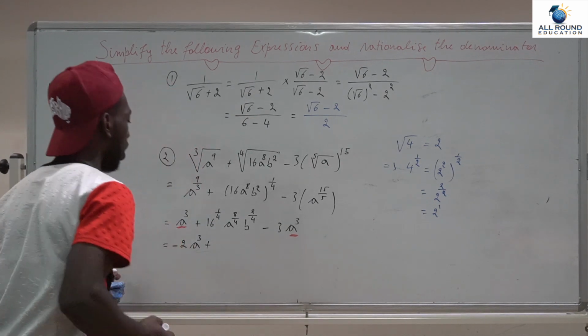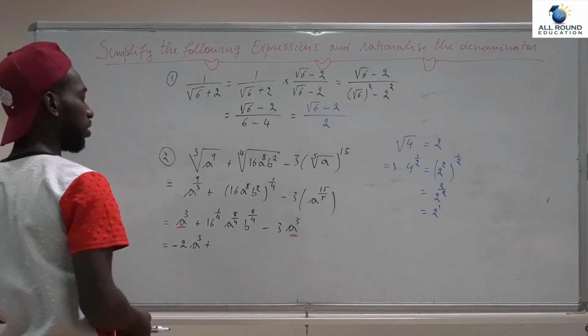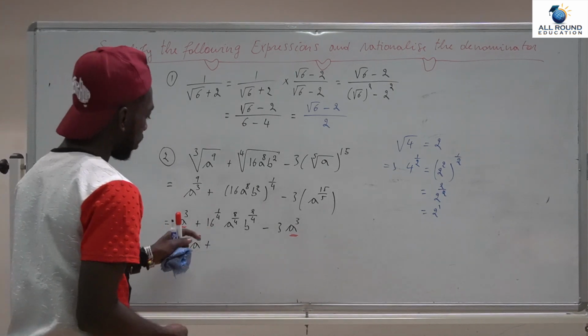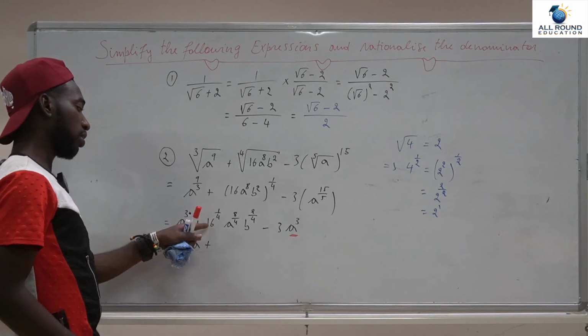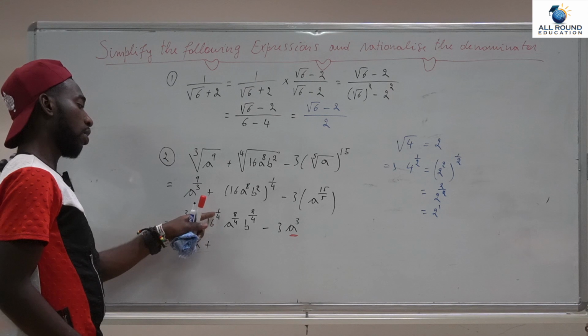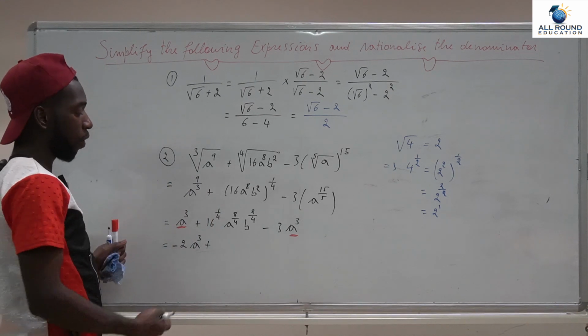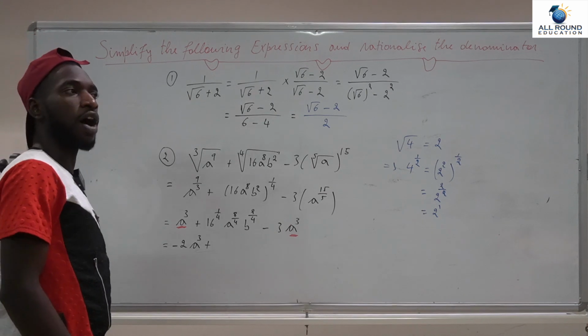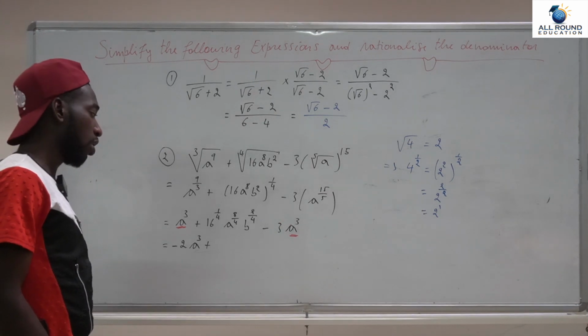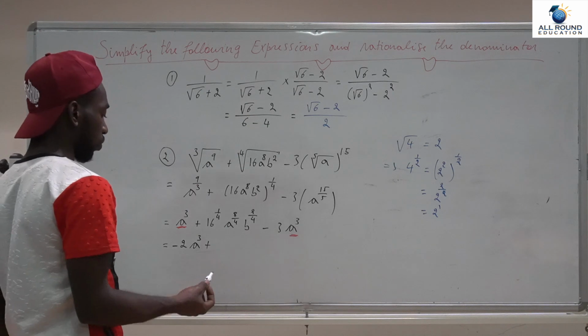Plus. Now with this one, how can we simplify this? 16, right? We are looking at what number, how can we write this to make this 16 have b to the power of 4, or maybe something that can simplify to that, right? So now 16, how can you break down 16? What number can we write the power of 2 as well?